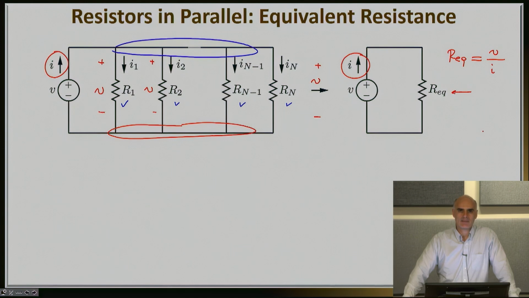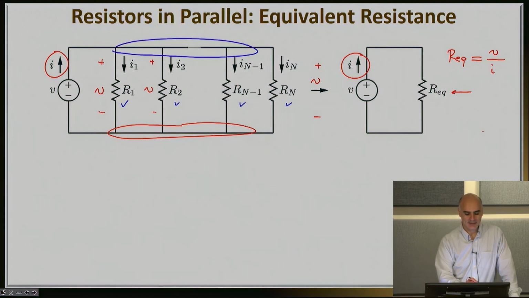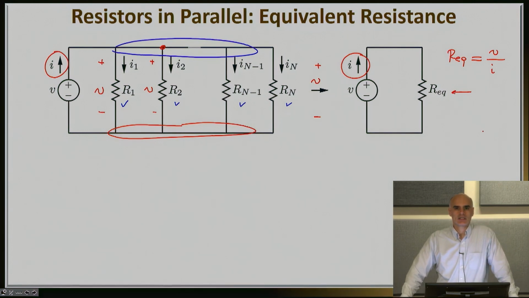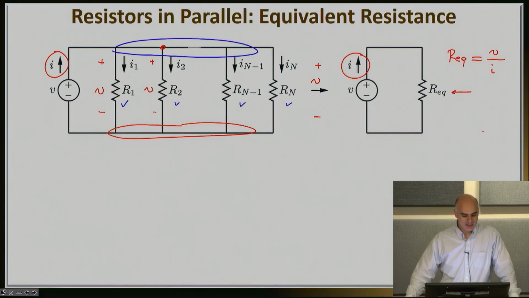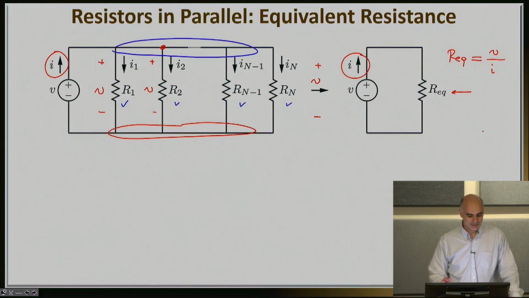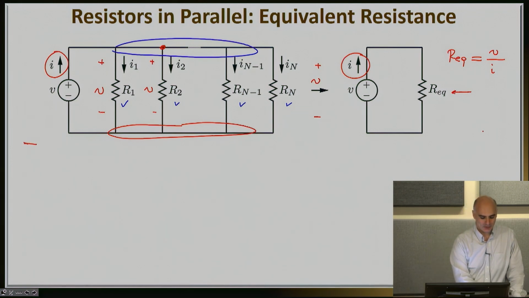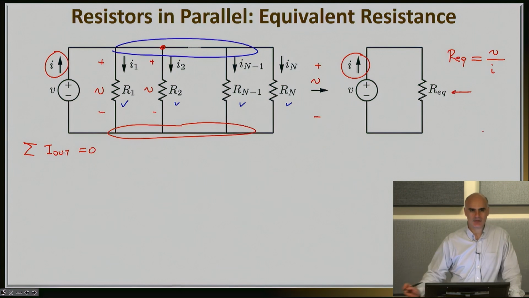So, in order to find this Req, all we have to do is apply KCL at the upper node, which is the node where all resistances are connected to. So, if I apply KCL, I will write down that all the currents leaving this node must add up to 0.